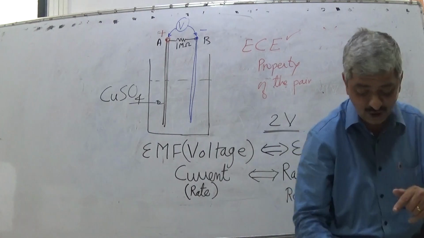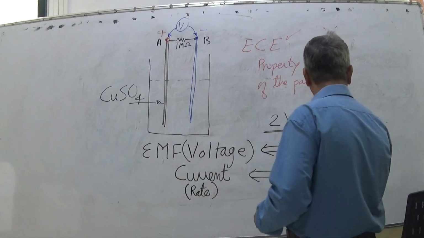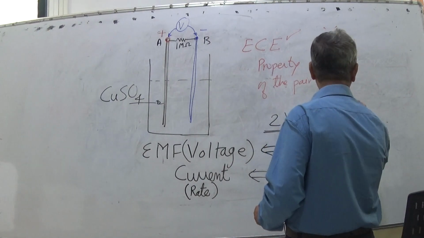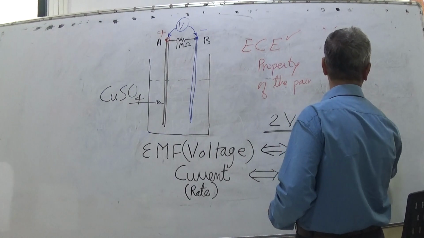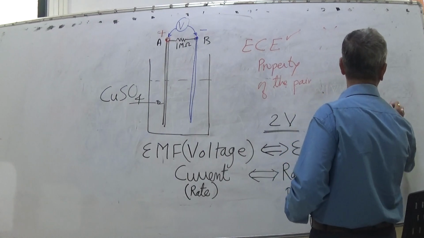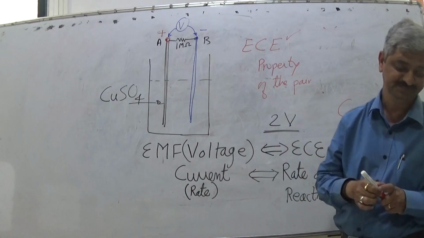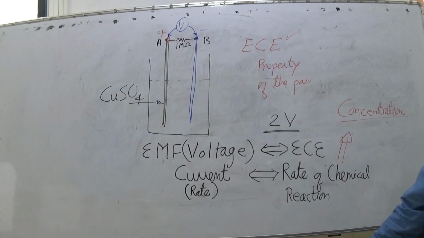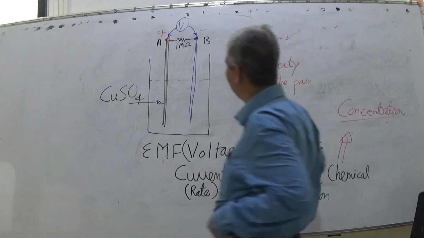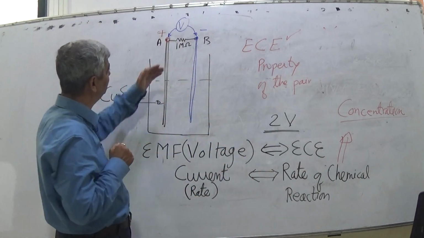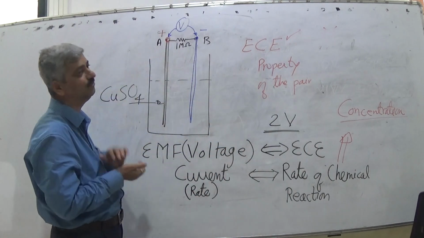And now, the most important thing, this rate of chemical reaction is proportional to concentration of electrolyte. Therefore, one may say, okay, if concentration is very less, then there will be some problem in getting more current.